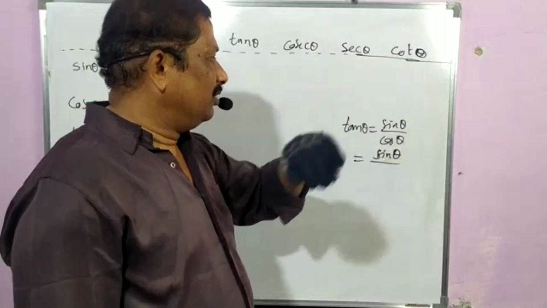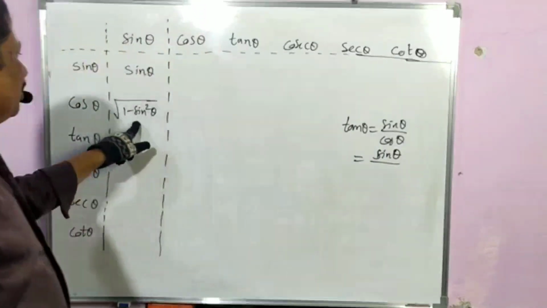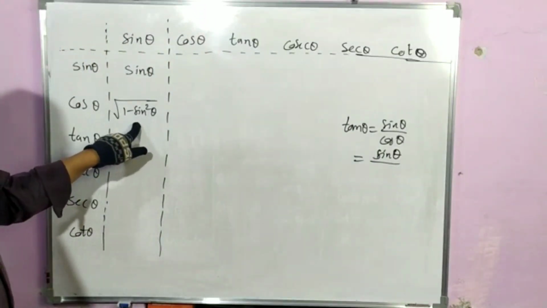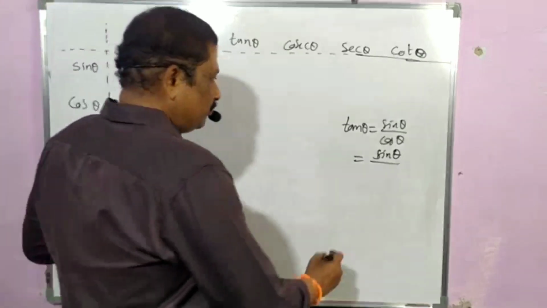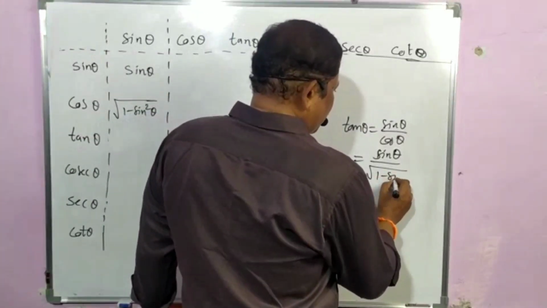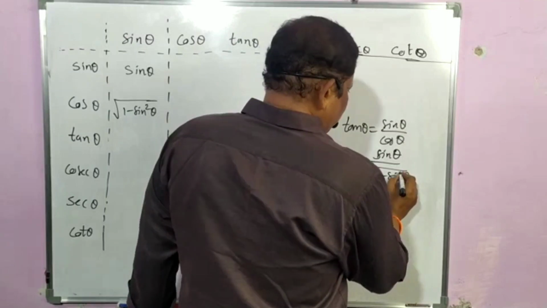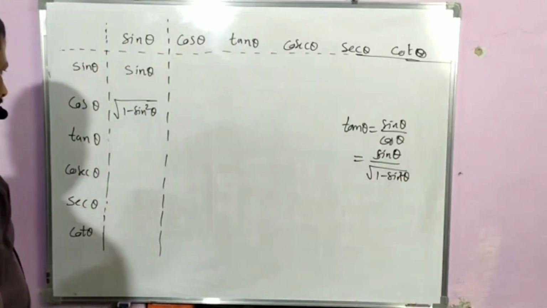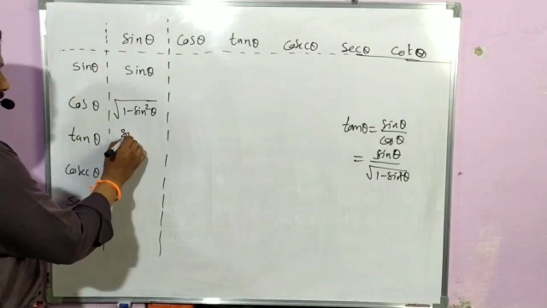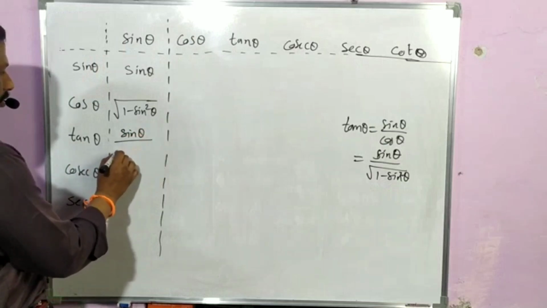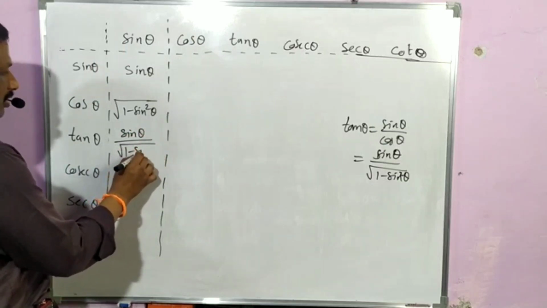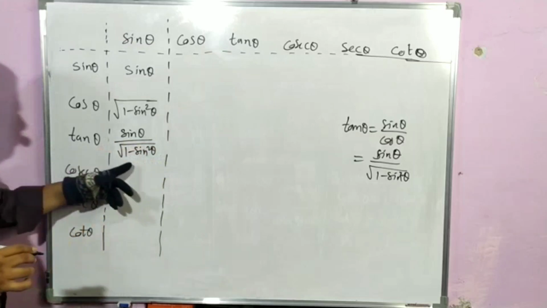Denominator also we have to convert into sine theta. Cos we can easily convert into sine theta by using the identity, root of 1 minus sine square theta. So this we can write as sine theta by under root of 1 minus sine square theta. So that is tan in terms of sine.